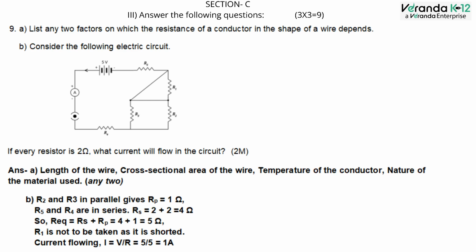So the equivalent resistance is Rs plus Rp, that is 4 plus 1, which gives you 5 ohms. R1 is not to be taken as it is shorted. The current flowing I is equal to V by R according to Ohm's law. So 5 divided by 5 will give you a current value of 1 ampere.